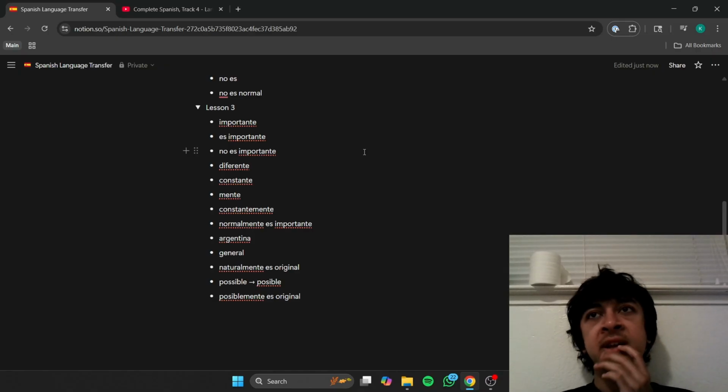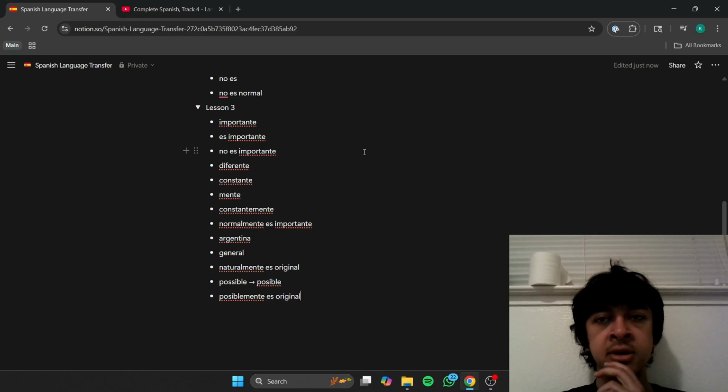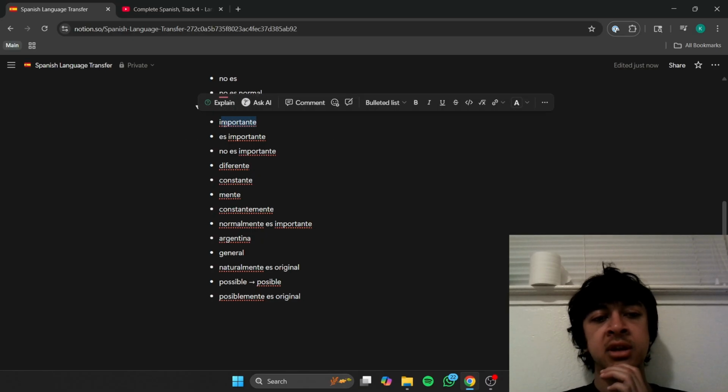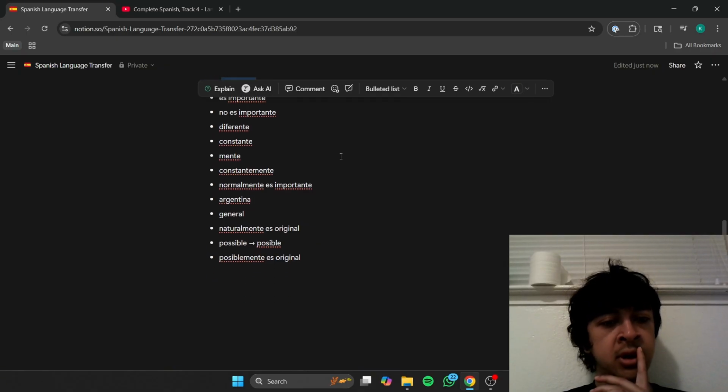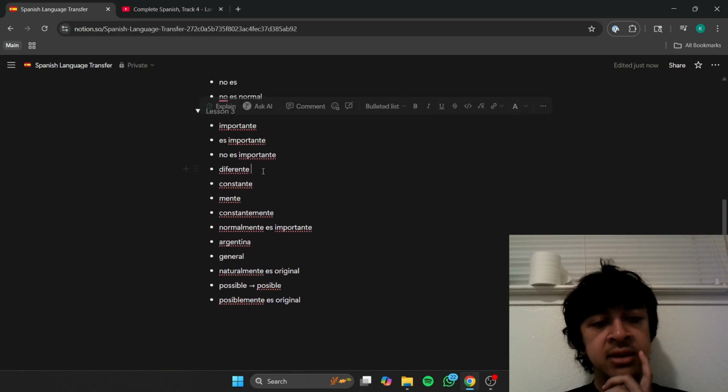We learned that words ending in ANT or ENT, we can also transfer to Spanish. For example, important becomes importante. Different becomes diferente.